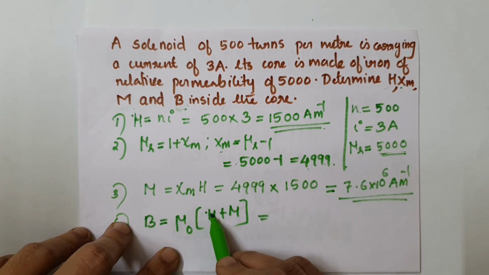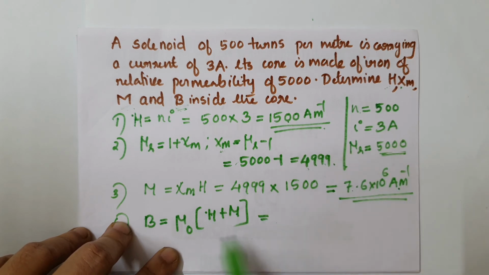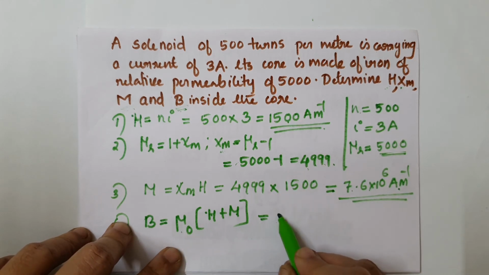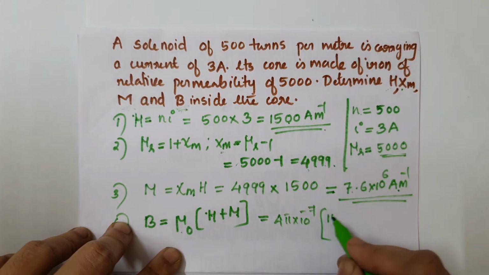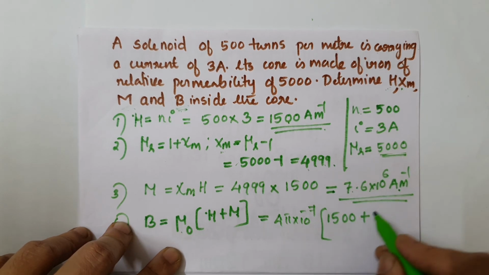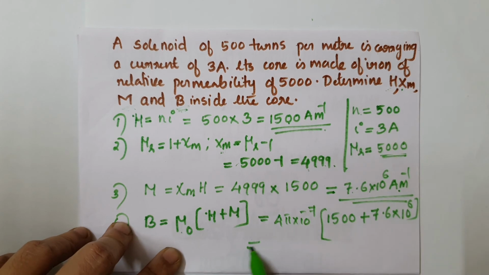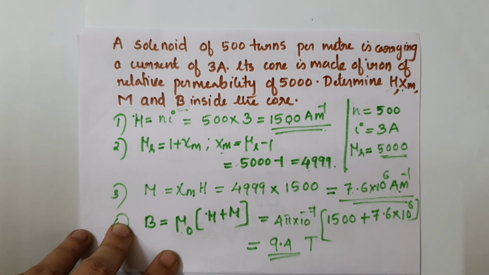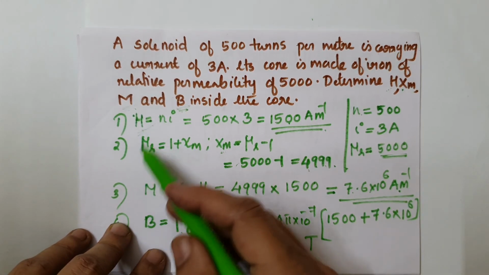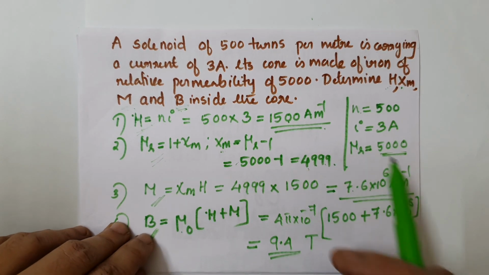Therefore, substituting the value of H as 1500, M as 7.6 into 10⁶ ampere per meter, and mu 0 as 4 pi into 10⁻⁷, we get 4 pi into 10⁻⁷ into 1500 plus 7.6 into 10⁶. Finally, we get 9.4 Tesla. That is H, chi m, M, B found out.